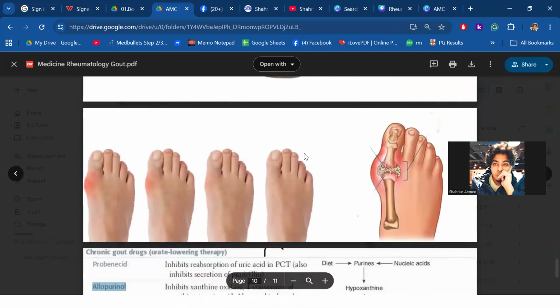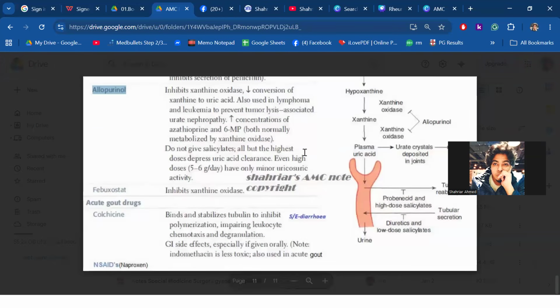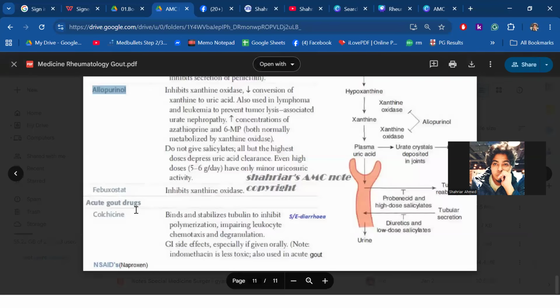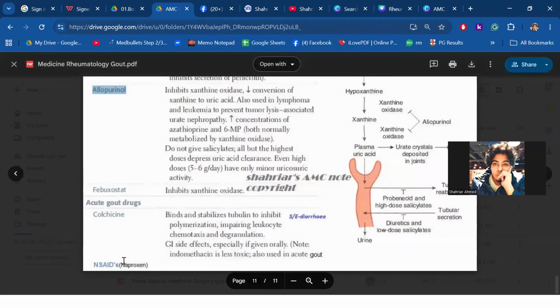Okay, this is how the pain goes. Can you tell me some drug names for gout? Yes, of course the most important for acute gout is NSAIDs. Then colchicine. I'll take you to the treatment part in more detail. So NSAIDs, like indomethacin, and colchicine.